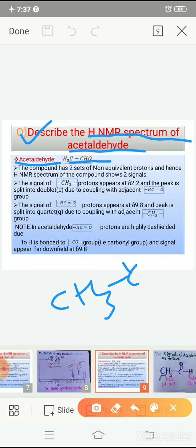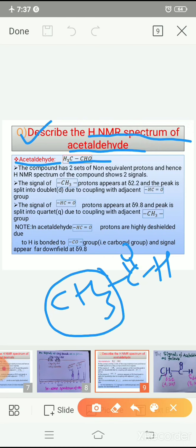Here two different types of hydrogens are there. Hydrogen is nothing but protons. Two different types of protons are there. So we are calling them two non-equivalent protons.